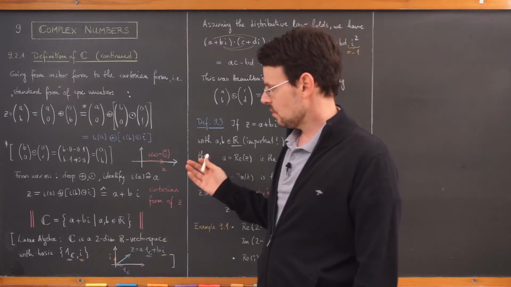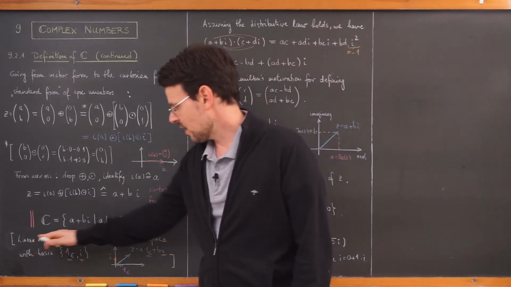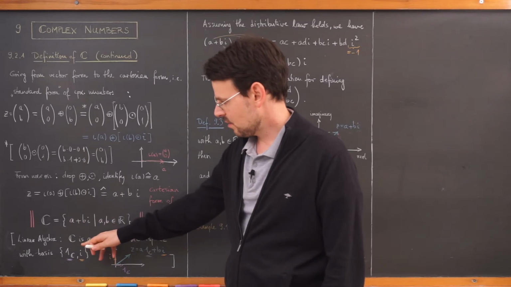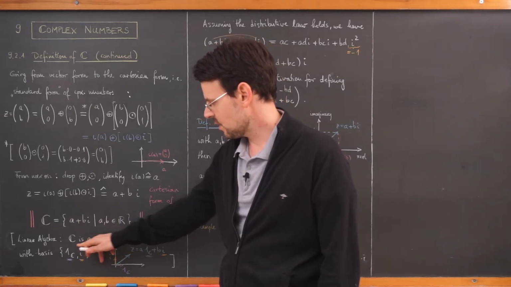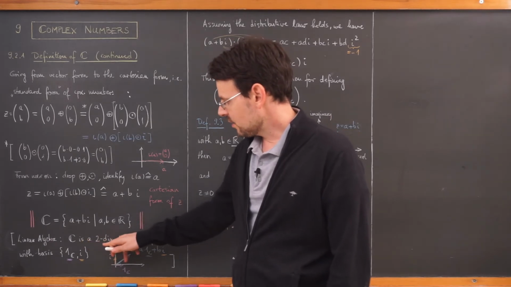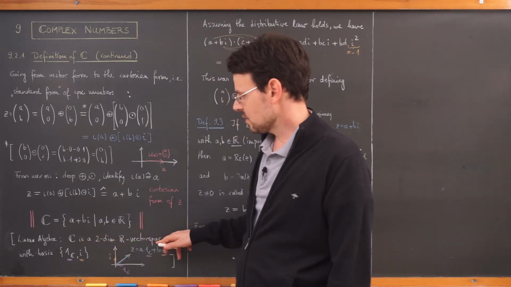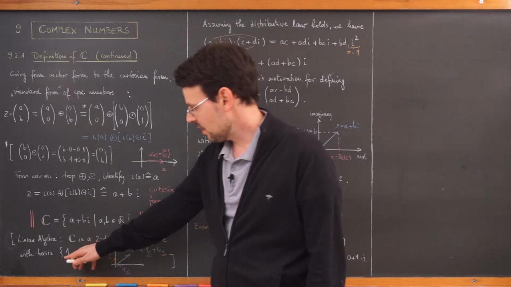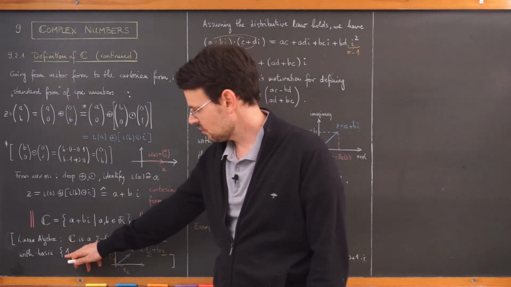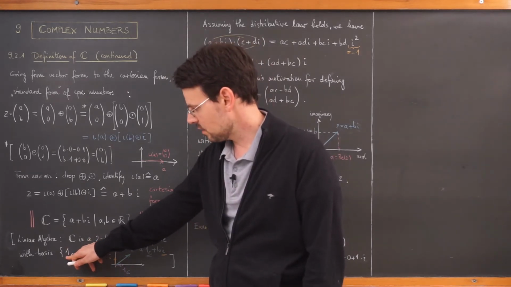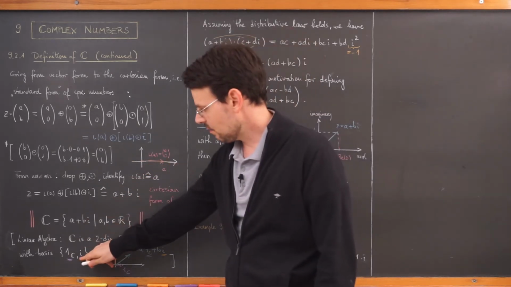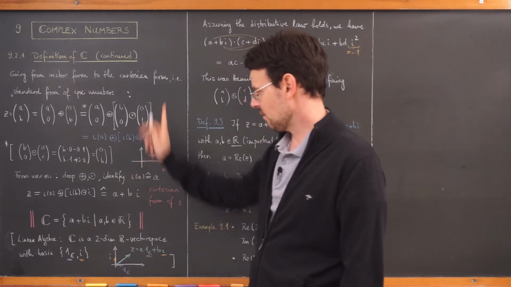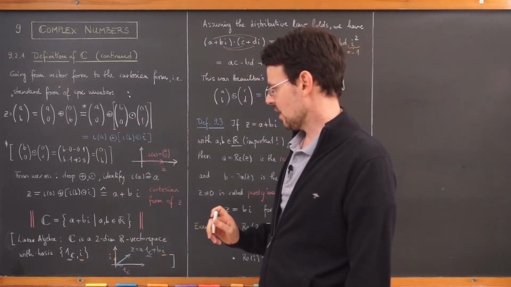For those of you who know already a little bit of linear algebra, this fact can be expressed as follows. C, the complex numbers, are a two-dimensional real vector space, and the basis consists of two vectors, the vector 1 in the complex numbers, which is this vector of length 1, and the vector I, which is the vector of length 1 pointing directly upward.